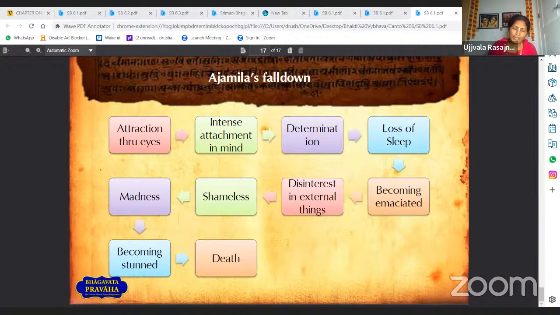On that note, we have heard about the Nama Abhasa. If the Nama Abhasa itself is so powerful that it qualifies one for liberation, what to speak of the Nama when we are doing it intentionally, since here the Nama Abhasa is unintentional. So that, and the conversation between the Yamadutas and Vishnudutas, we will hear in the next Katha.